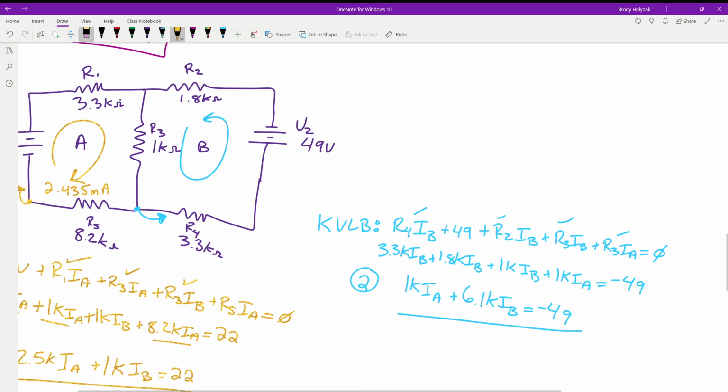This one is negative, so we have to change that, and we have 8.432 milliamps.